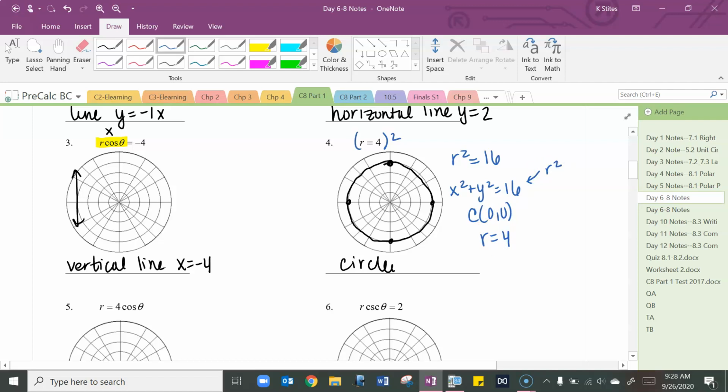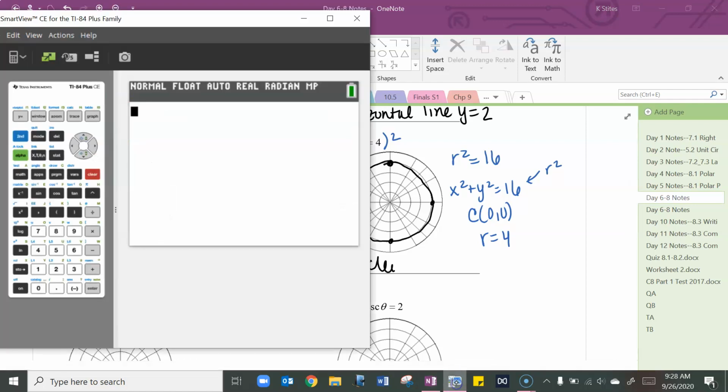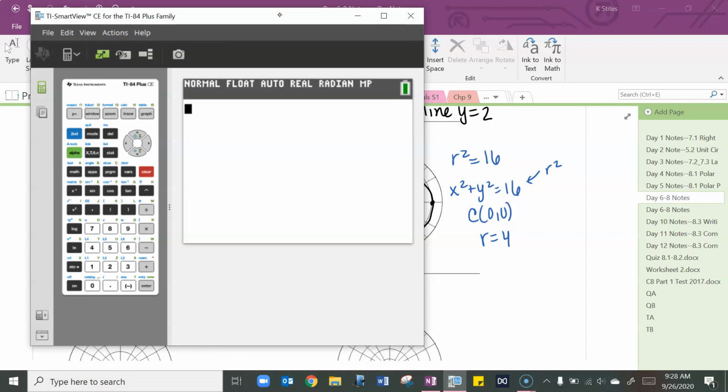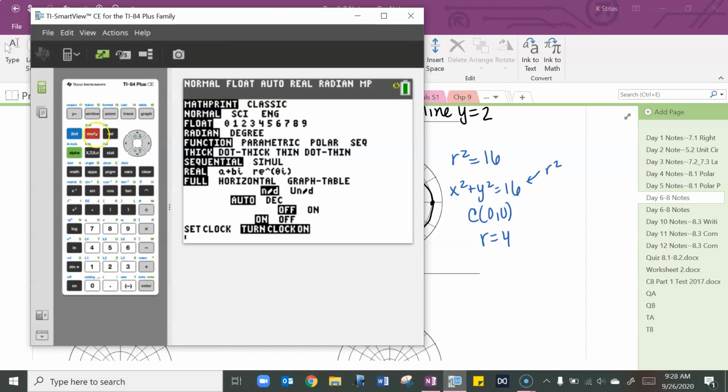Now, here's the thing. Your calculator can actually graph this for you. Check this out. What you are going to have to do is go to mode. I suggest you're in radian mode. However, your calculator has always been in function mode, meaning rectangular, x and y. What you have is this option right here, polar.